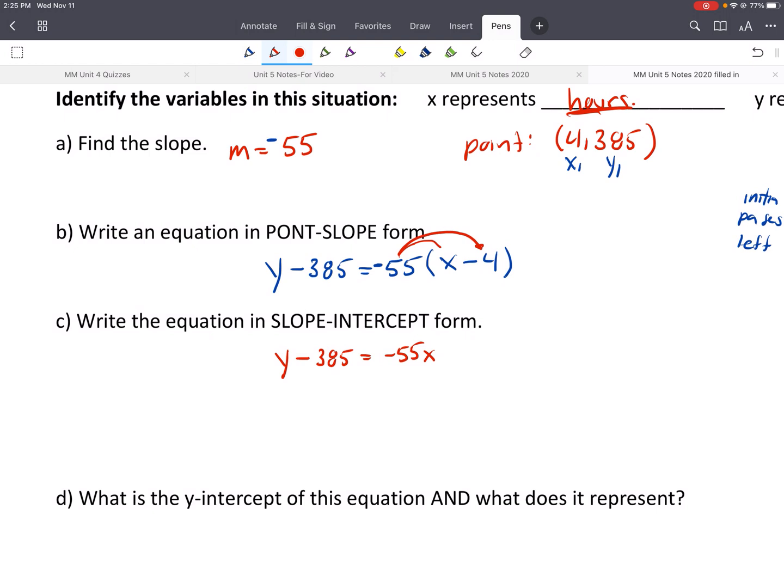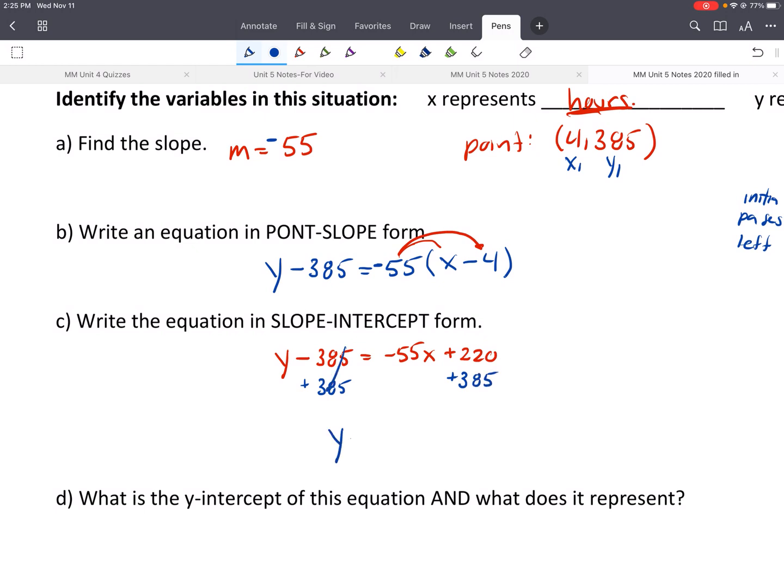I'd probably just grab my calculator and say, what is negative 55 times negative 4? And that gives me a positive 220. The last step is to add 385 to both sides to get it into slope-intercept form.